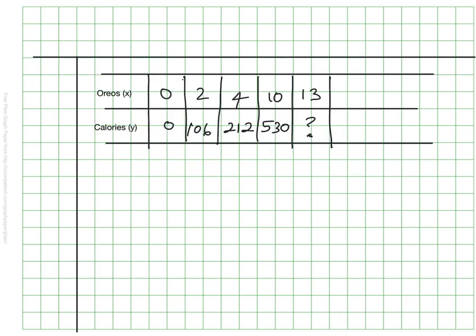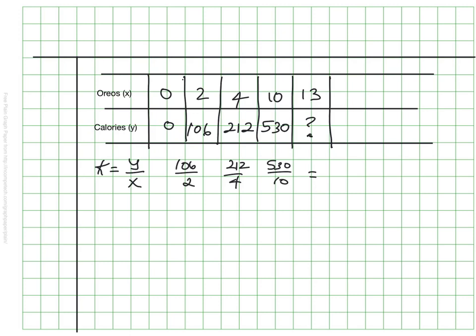Here's another table, and this time it is the relationship between Oreos and the calories that you're consuming. So we filled in what we know, and we're looking to figure out how many calories there would be in 13 Oreos. And we'll try this both ways, similar to what I did on the previous page. So we can look for our K value, right? And we can say, 106 divided by 2, 212 divided by 4, 530 divided by 10.